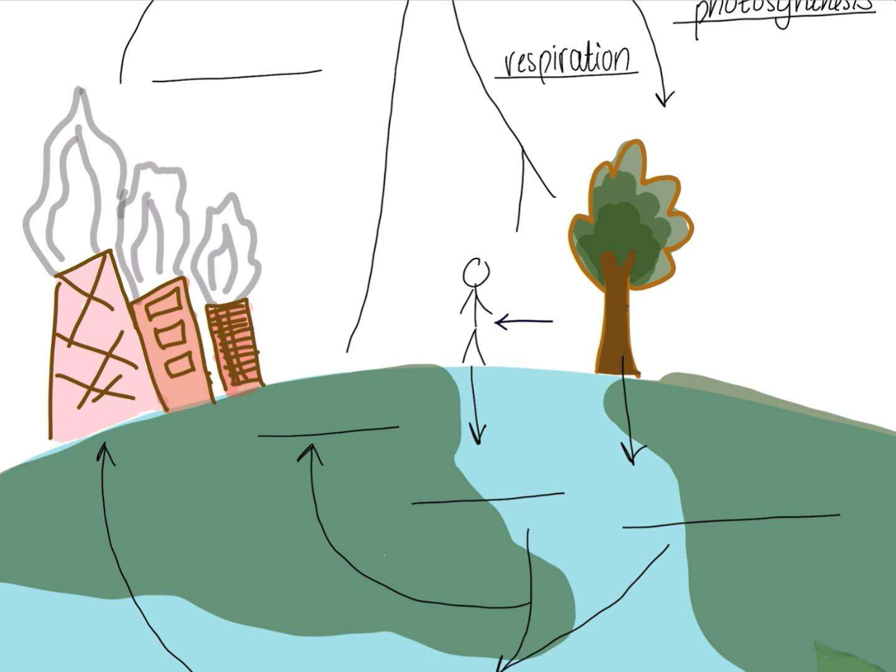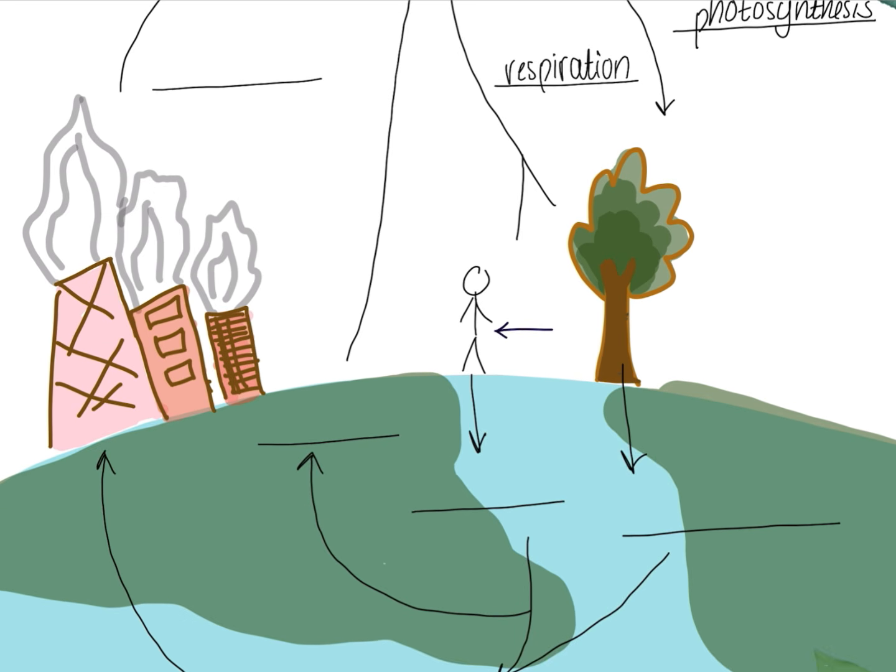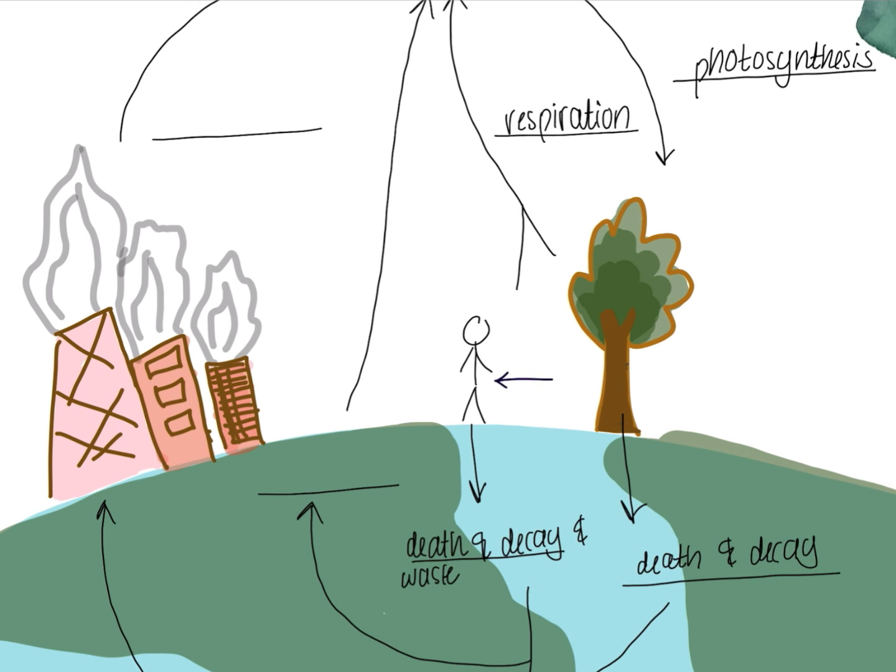Now, what happens underground? These plants are dying and decaying, so there is death and decay. Even animals go through death and then decay, and they may also have waste compounds that have carbon. Also, how do animals get carbon?